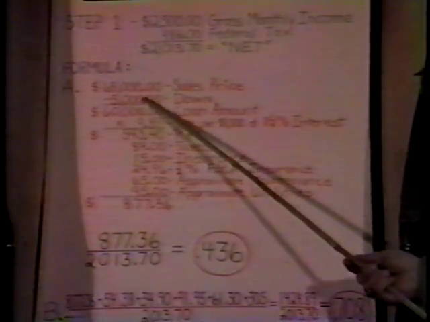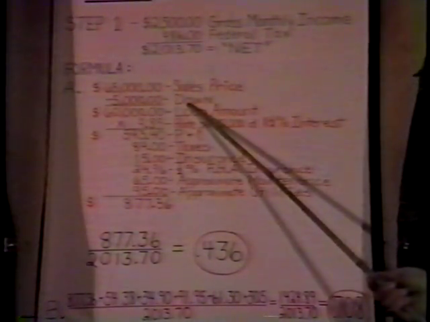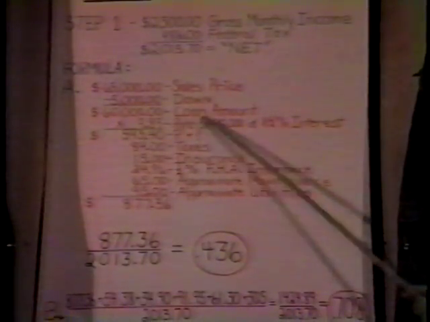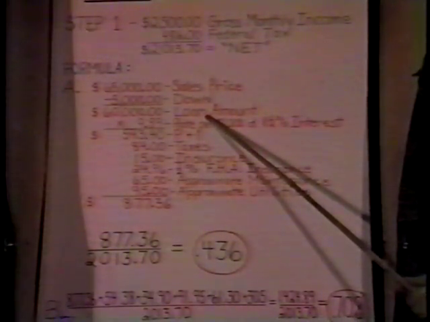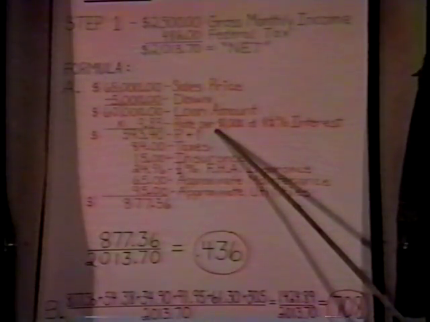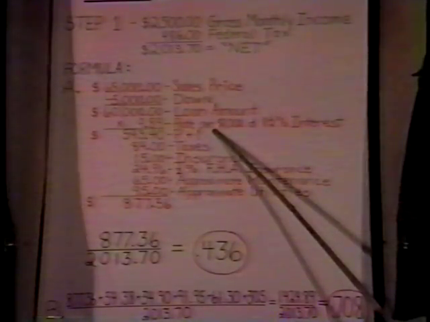And then, in part A of the formula, the down payment is much more than a minimum, so you can just subtract that from the sales price, can't you? And we get a loan amount of $60,000. Then, I said the rate is 11.5%. So we have to take the 9.53, which is 11 percent, plus 36 cents to get 11.5%.